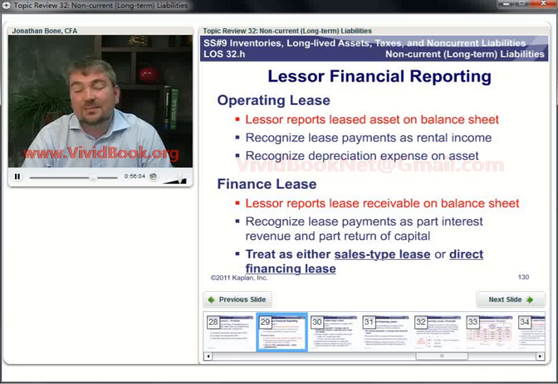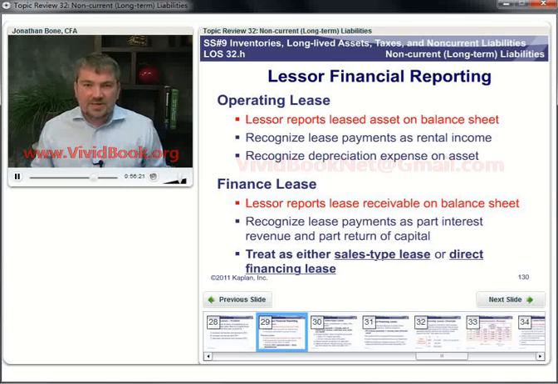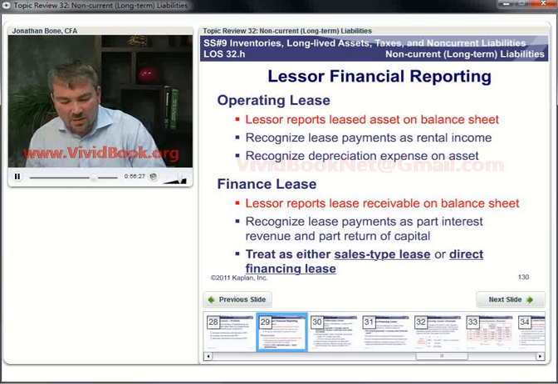Well, actually, it's the present value of the amounts that they're owed under the terms of the lease, and they're going to record that as an asset. They're going to recognize lease payments as part interest and part return of capital. So their asset's going to decline by the capital payment each period. Now, there are two treatments of finance lease. Either you can treat them as sales type leases or direct financing leases. Let's talk about those.